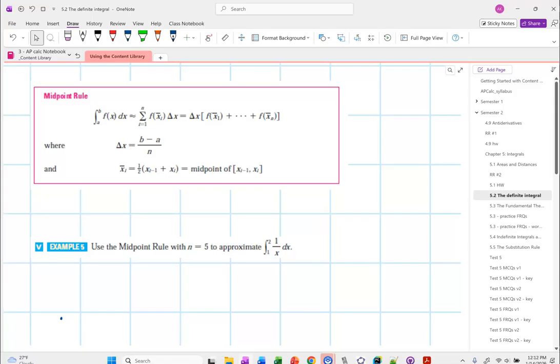This is the midpoint Riemann sum. Notice that this is given as an approximation. Why is it an approximation instead of a hard equal sign? What are we missing? How many rectangles do I need for it to be equal? Infinitely many.